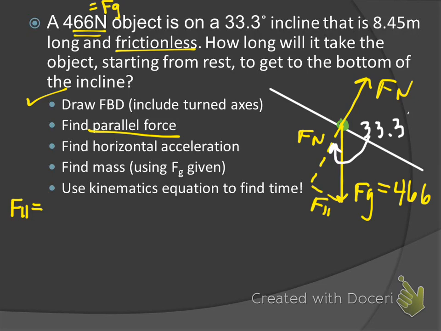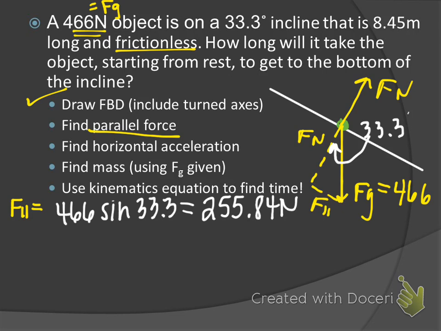So when we're solving for our parallel force, we're going to take our hypotenuse, which is 466, times sine of the angle that's been given to us. And I got a value of 255.84 newtons.